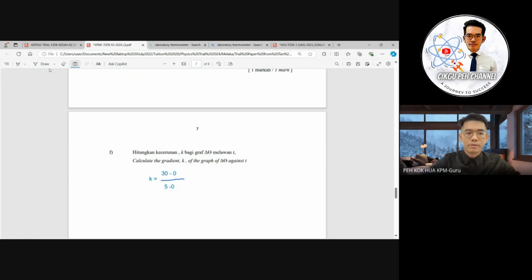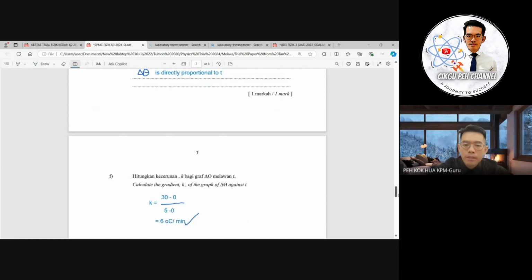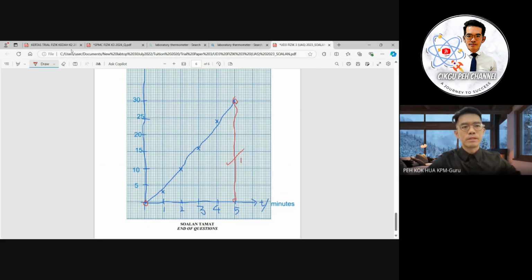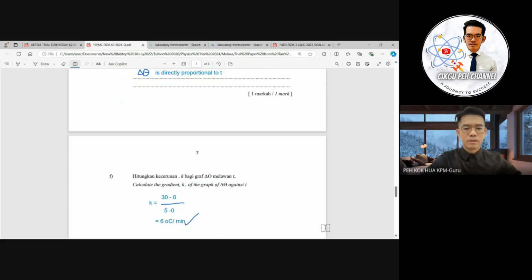So you get 6 degree Celsius per minute, or delta theta over t, per minute. So this will be 2 marks. First mark, triangle. Second mark will be answer in correct unit.